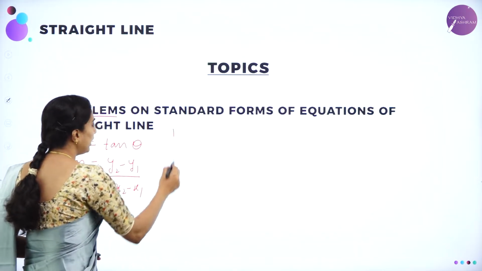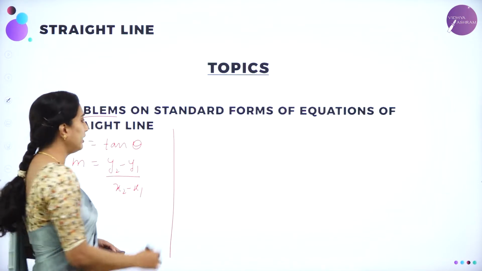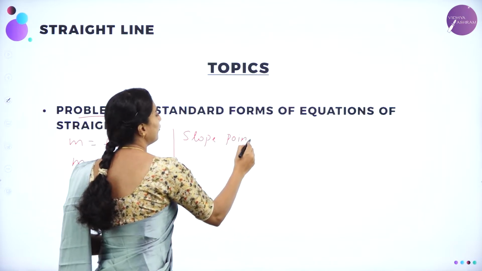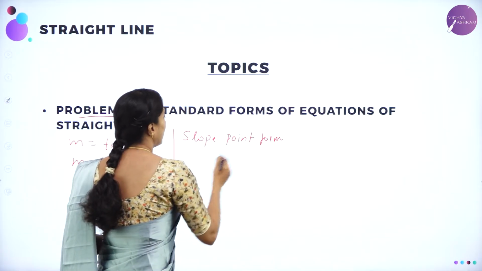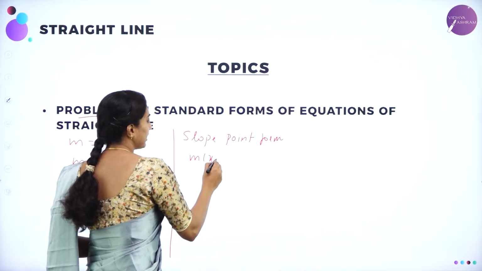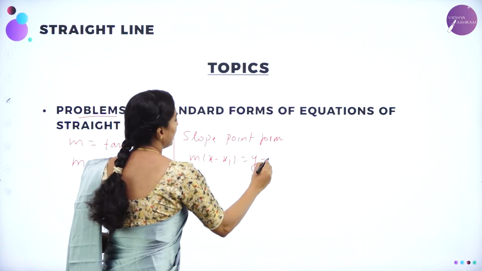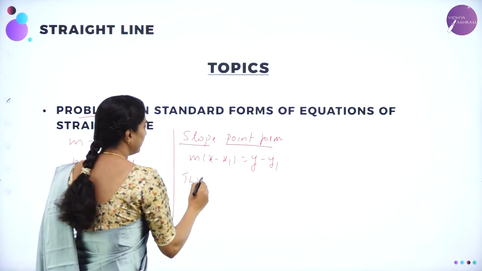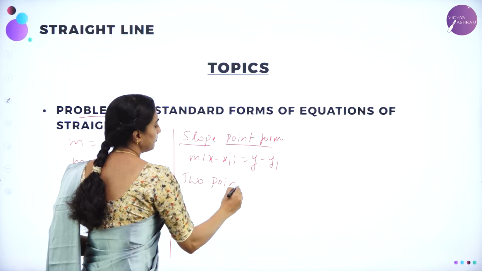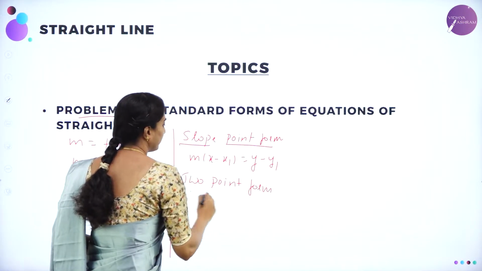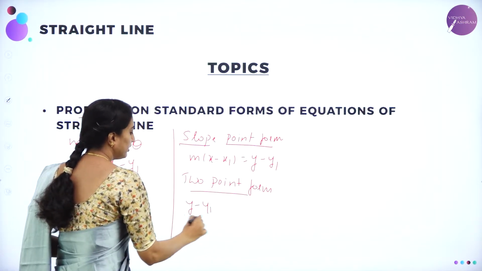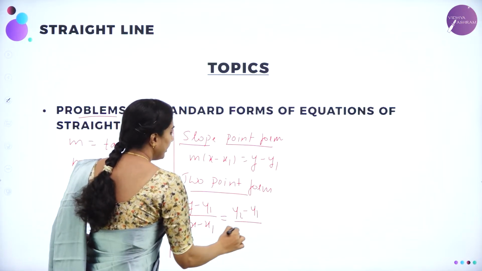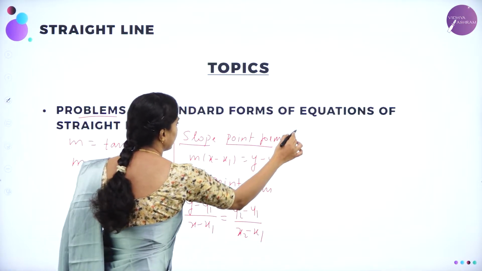And then you know that the standard forms of an equation of a line: first, slope point form, given by the formula m into x minus x1 is equal to y minus y1. 2-point form is given by the formula y minus y1 divided by x minus x1 is equal to y2 minus y1 divided by x2 minus x1.